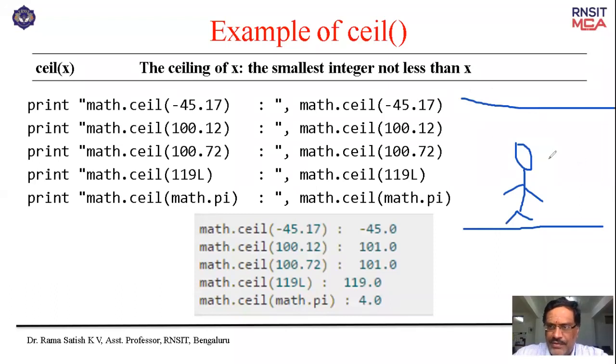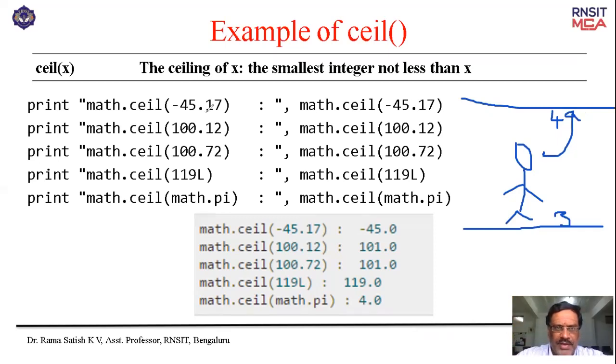So if your value is, for example, you are between the third floor and fourth floor, and your value is something like 3.6, ceil means it will go to the ceiling position. That means it will round off to the next upper value.